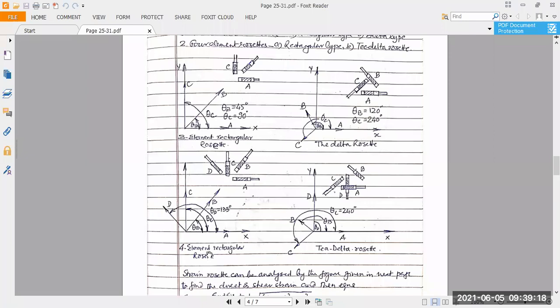So first we put the initial gauge at theta B, which is equal to 45 degree.